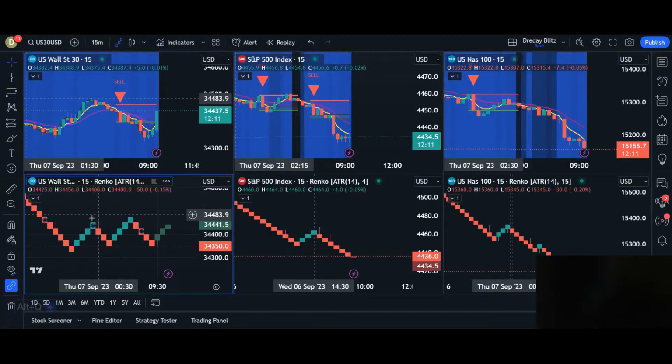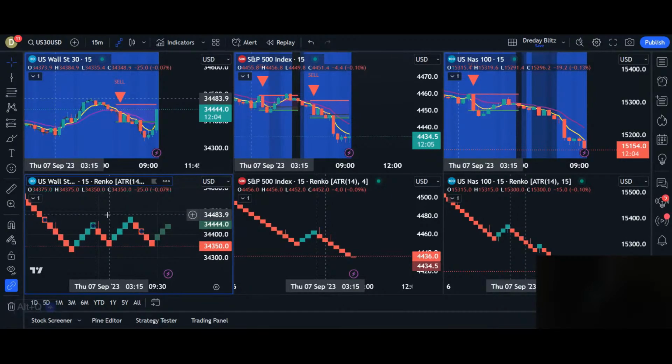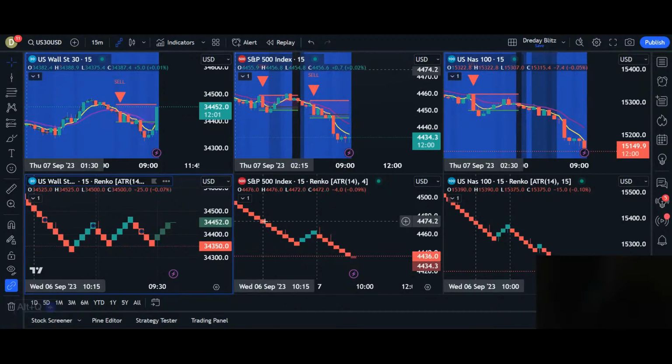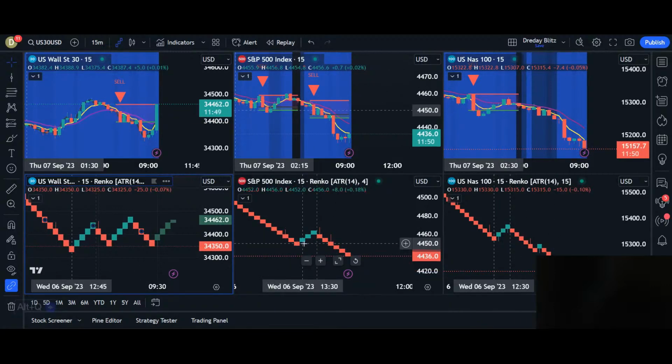And how do I use the Renko bars? It's really based off of trend directional information. I use the Renko bars to put my stop loss, to put my trailing stop if I'm in profit, and to indicate my take profit.